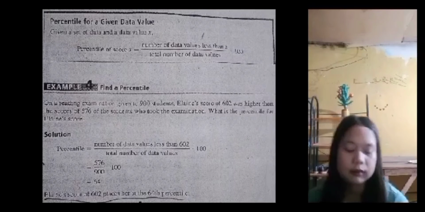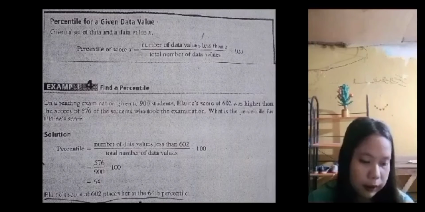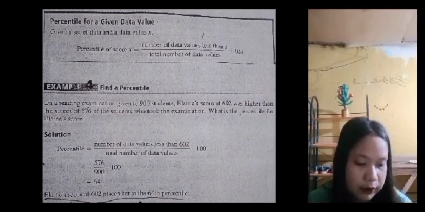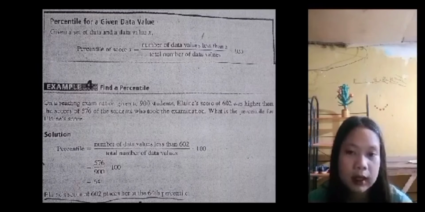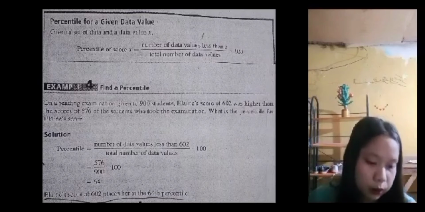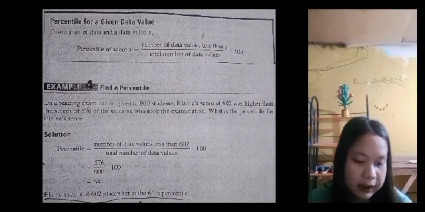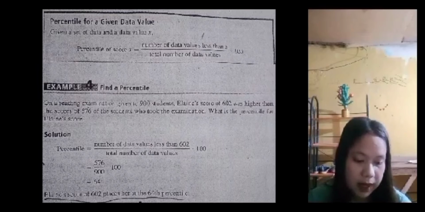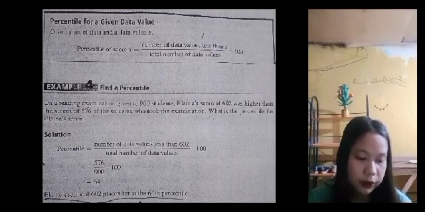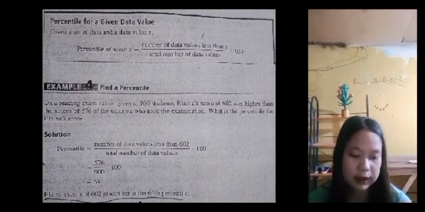So, total of data values less than 602. So, ano yung less than ng 602? So, 602 was higher than the score of 576 of the students. So, yung 576, yun yung less than ng 602. So, yan po yung isulat natin.